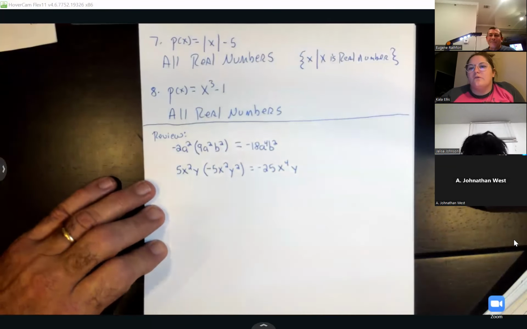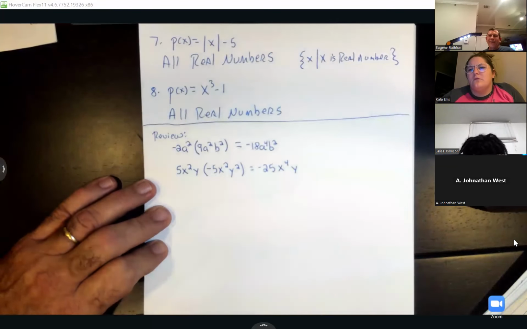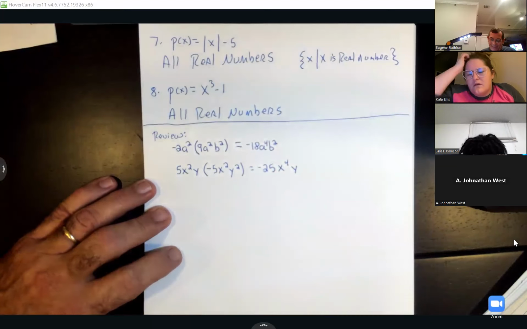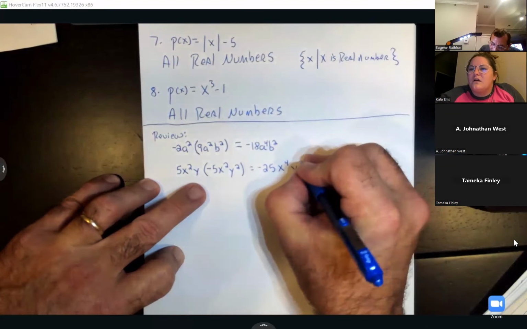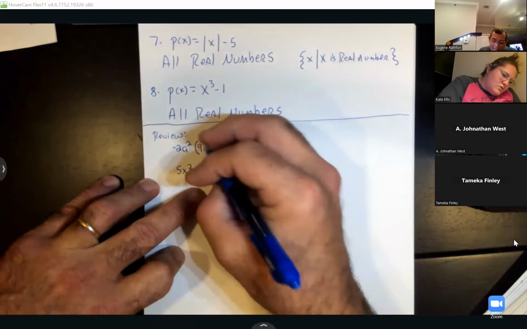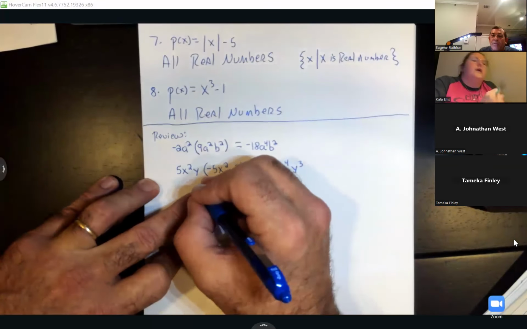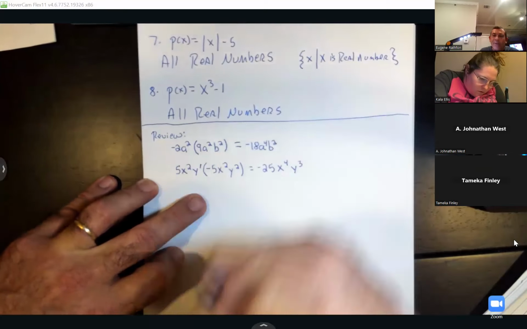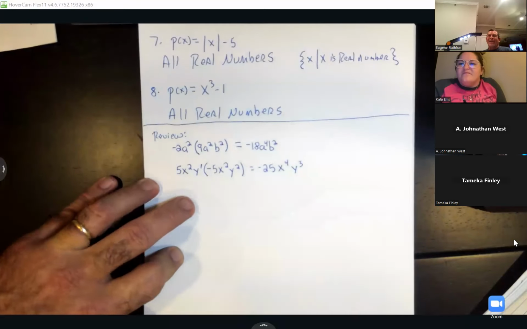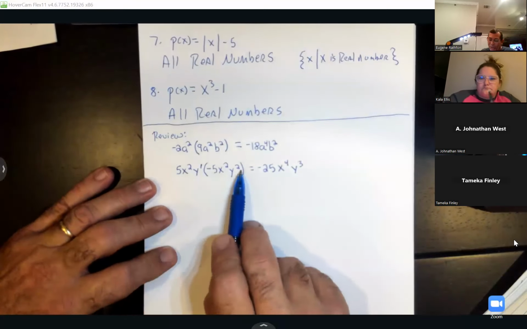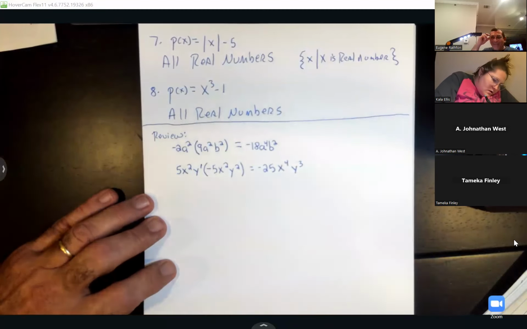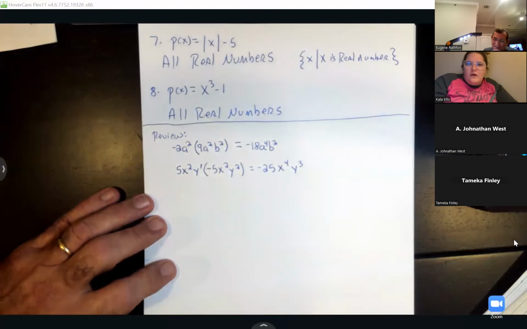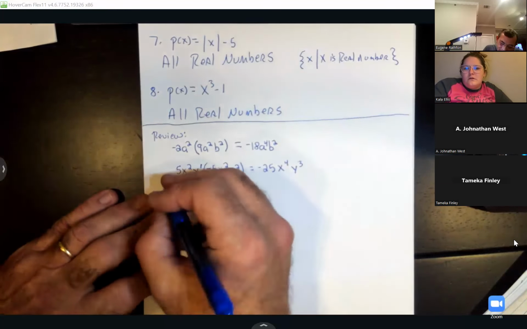Y to the 3rd power. Remember, if there's not an exponent by the y that I have out front, we put a 1. There you go. So the 1 and the 2 gave me my y to the 3rd. Good job, y'all.